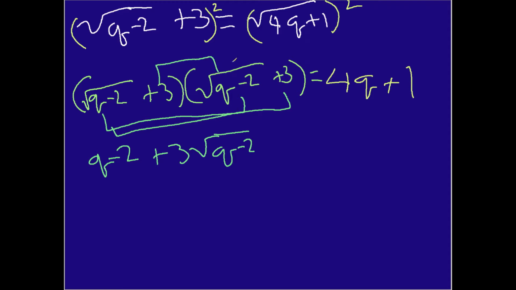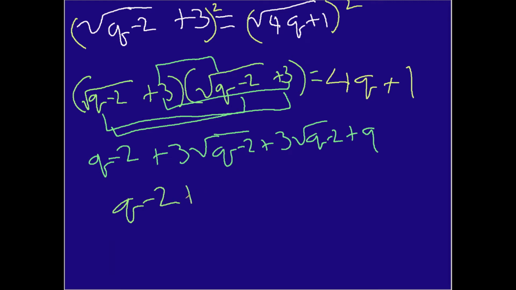And then you repeat that here, so plus 3 is the same thing. And then, of course, the last part is going to be plus 9. So we combine like terms, and we end up with q minus 2 plus 6 times the square root of q minus 2 plus 9, like so. That's what we end up with.